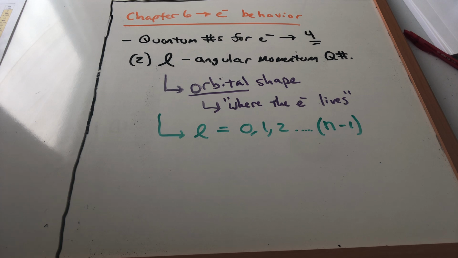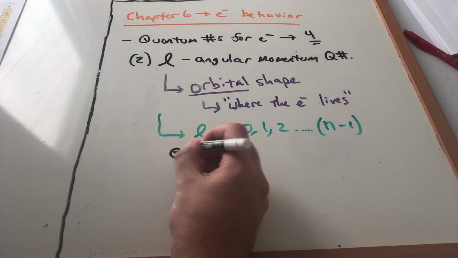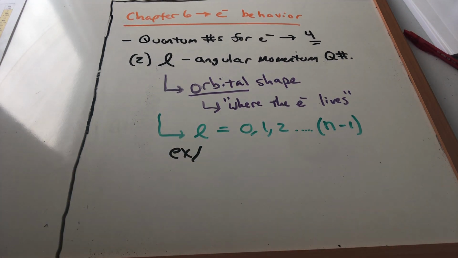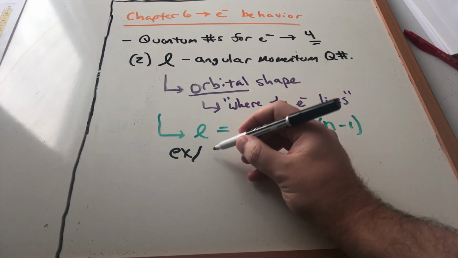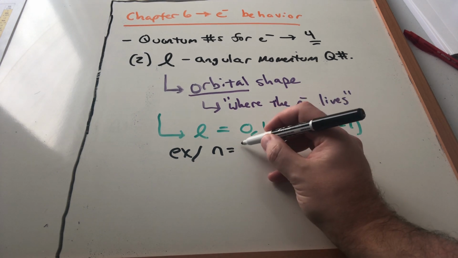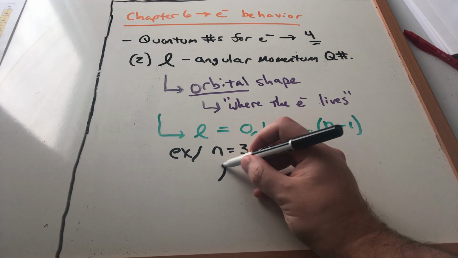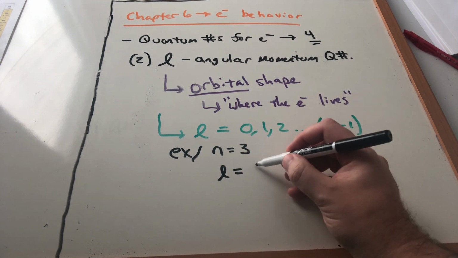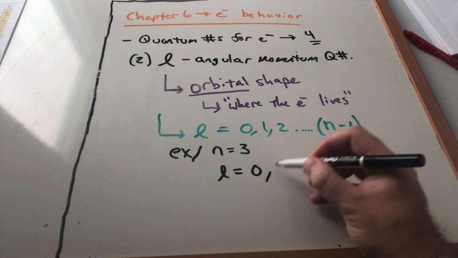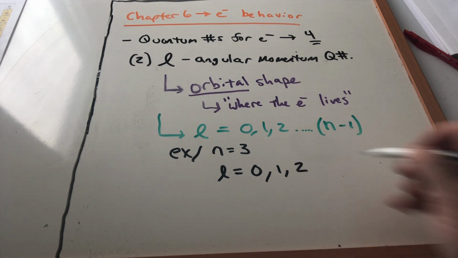Okay? Like I said at the very beginning of this section, you have to be given an n to figure out which l's are allowed. So let's say we had n equals 3. What this rule tells me is I can have an l of 0, 1, and 2.